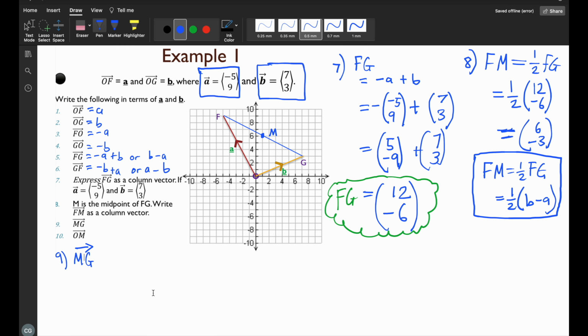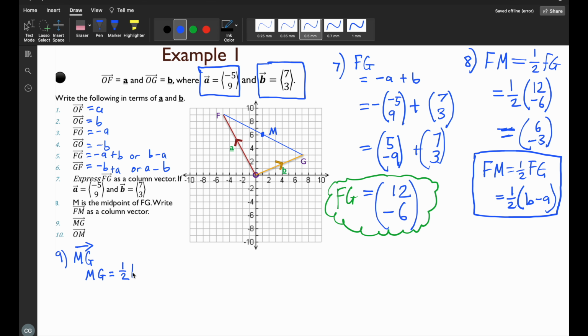All right, so let's try MG now. So now I want to put that in terms of these letters here. Okay? So MG. What do you think MG would be? If you look here, M to G is essentially the same thing. It's half of, what's it half of? FG. Lovely. So MG is half of F to G. So I could put here half of FG.